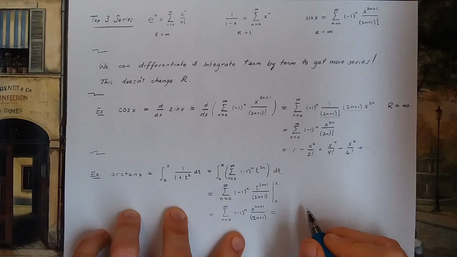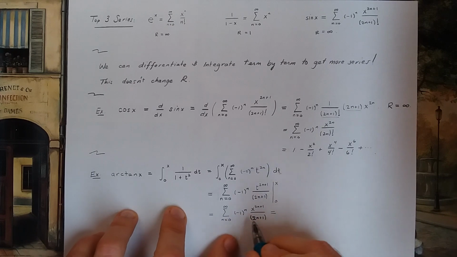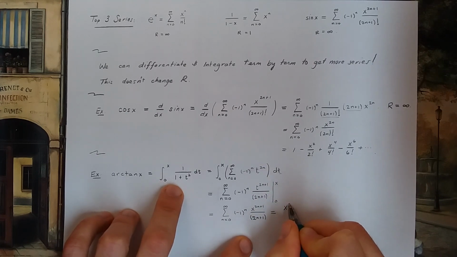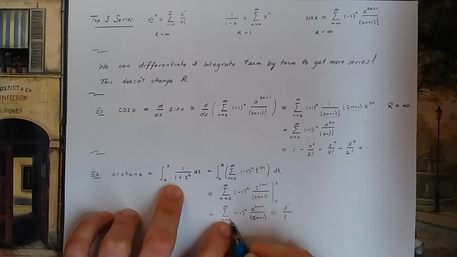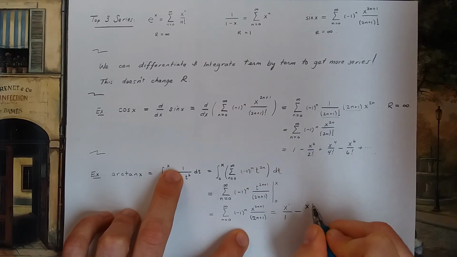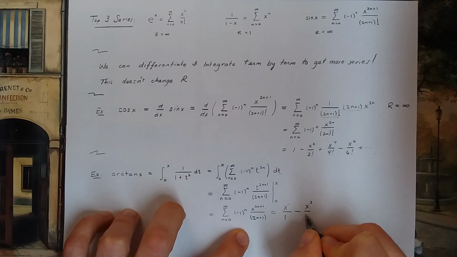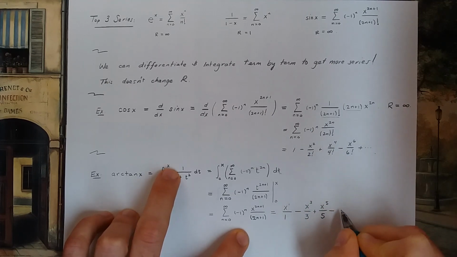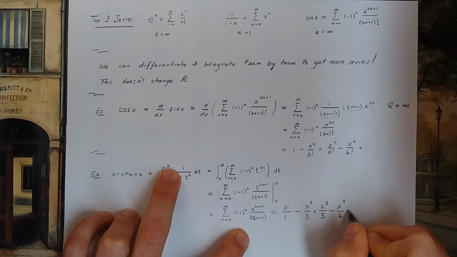Now, if you like to see what these terms look like, you could plug in values for n. So if n equals 0, I get x to the first power over 1. If I plug in n equals 1, I get negative x cubed over 3 plus x to the 5th over 5 minus x to the 7 over 7.